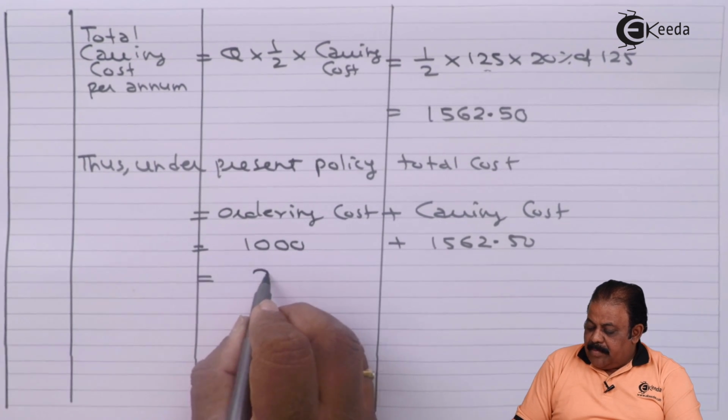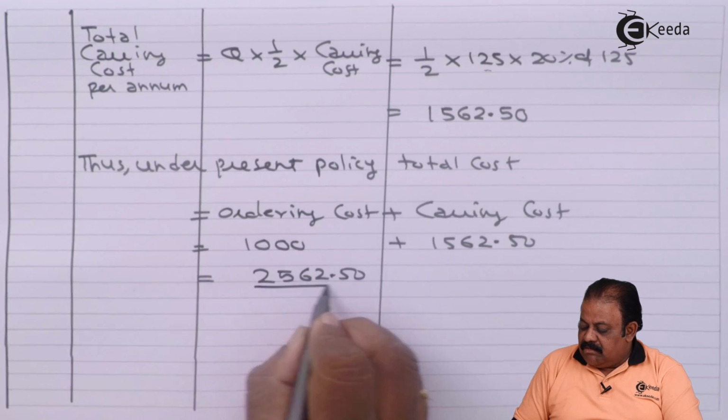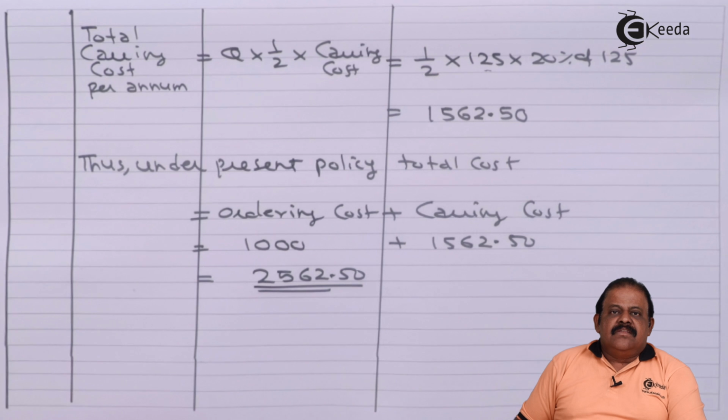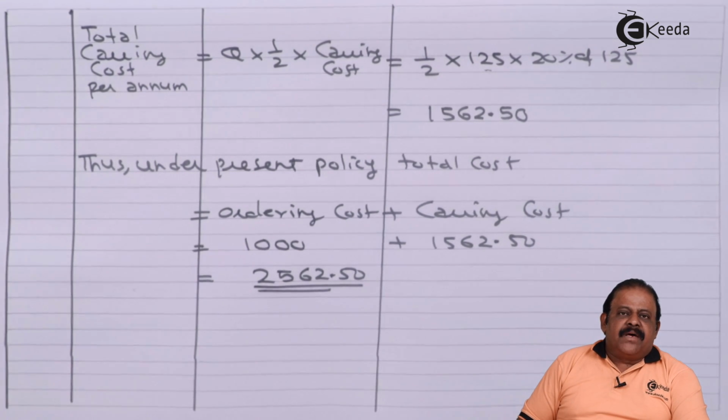So total it will be 2562.50. This is the total cost apart from actual purchase cost of the input.